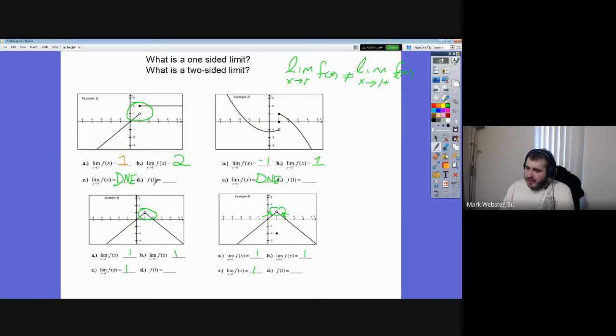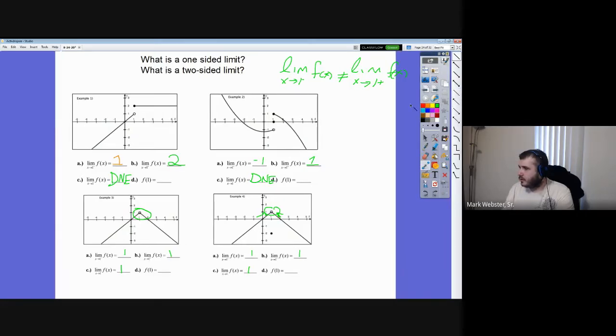This last thing is saying, what's f of 1? Well, it's saying at 1, what is the value of the function? Where is the actual point at? So if we look here, at 1, I'm going to erase this and try and draw me a line. Where's the actual point?